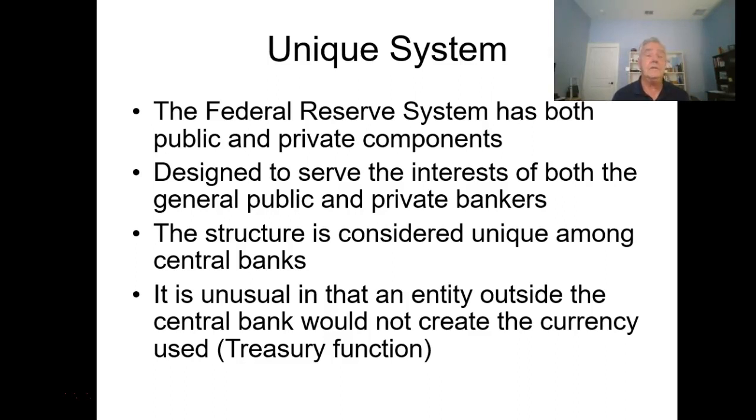As a matter of fact, the Federal Reserve System does not report to the Treasury, as I said, but it is responsible to the Congress. The Congress is the one that controls the purse strings in the US.